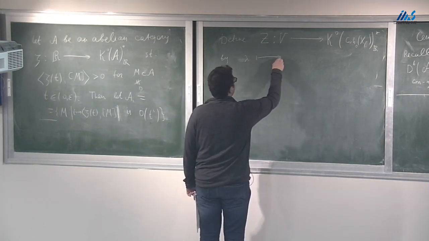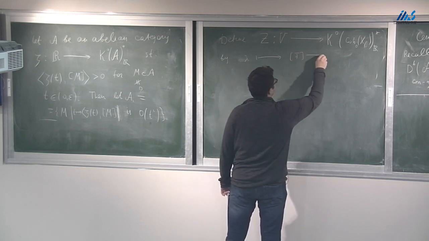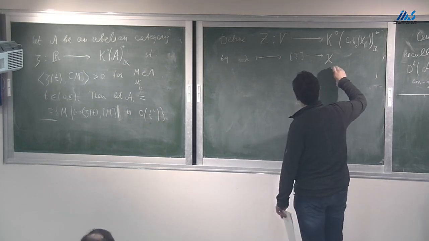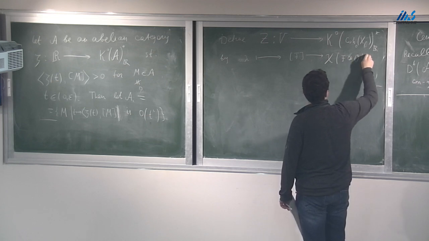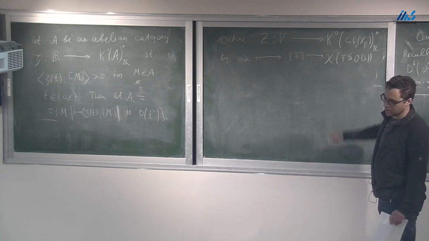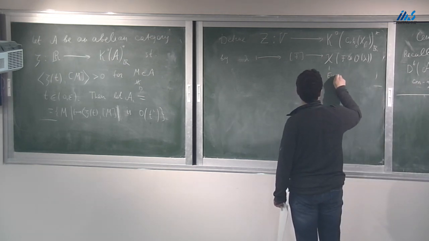It goes to the functional which sends f to the Euler characteristic of f tensor lambda. And of course, by Riemann-Roch it is a polynomial, which you can write down explicitly.